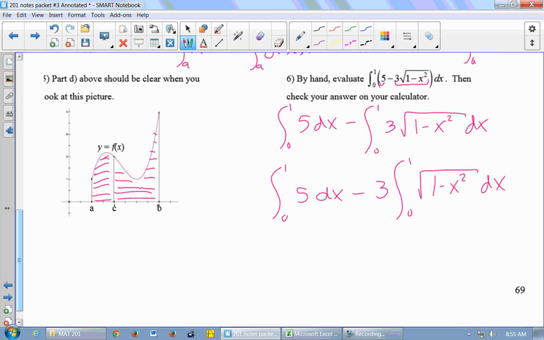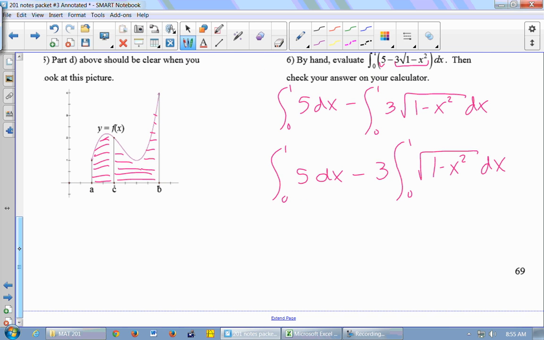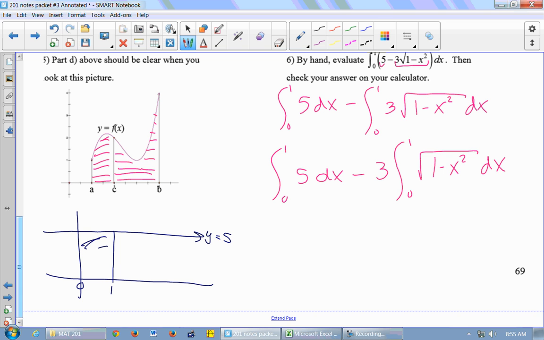It's just not going to help us with anything. So if I draw a picture of that, my function is just the constant function 5. So here's my function, y equals 5. And I want to find the area from 0 to 1 under the curve. It's 5, because it's just a rectangle that's 1 by 5.